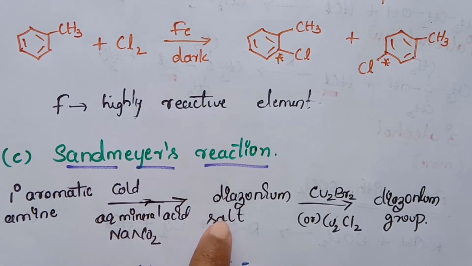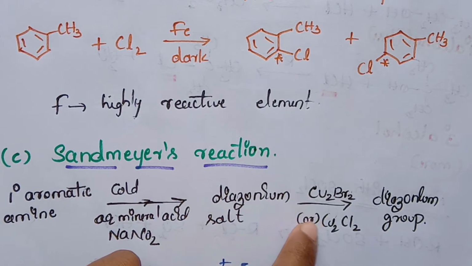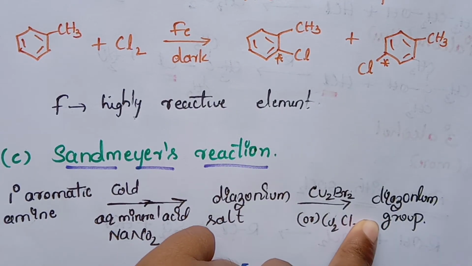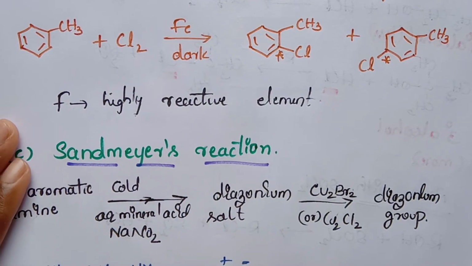This freshly prepared diazonium salt is treated with cuprous chloride or cuprous bromide. Then chlorine or bromine replaces the diazonium group, because, as I told you before, fluorine is the more reactive element which is not easily replaced, and so it does not form the Sandmeyer's reaction.